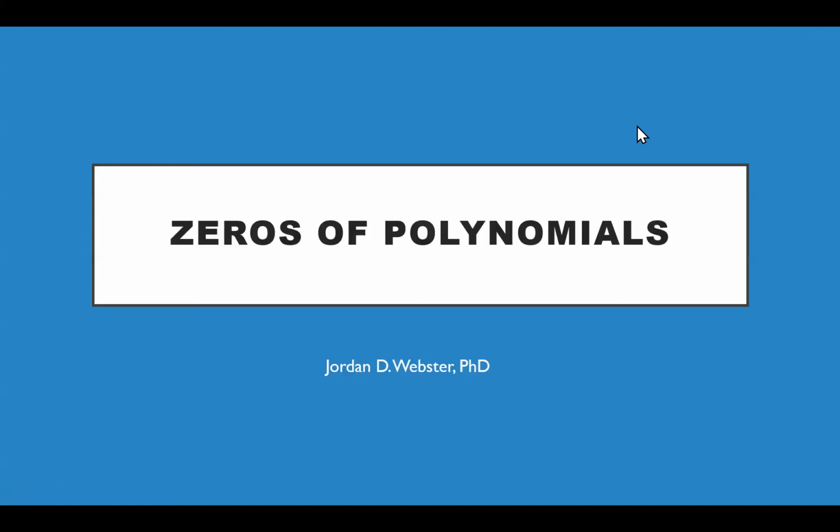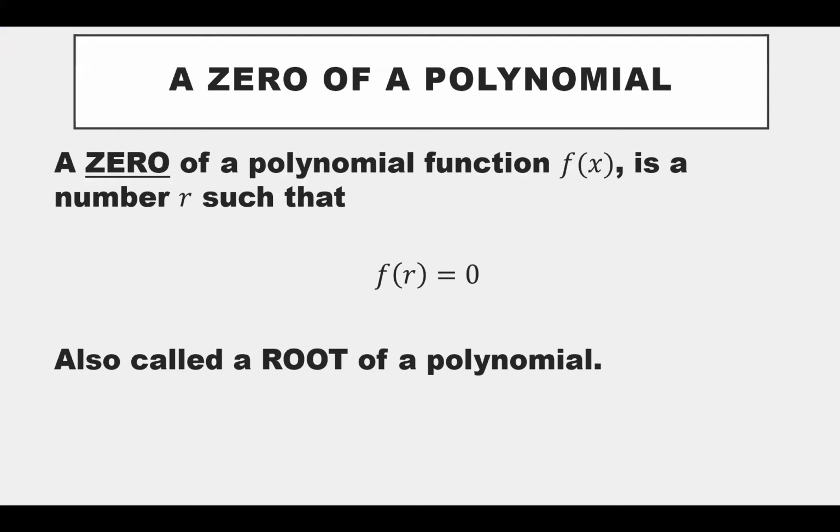In this video, we're going to take a look at finding zeros of polynomials. So a zero of a polynomial or a zero of a polynomial function, f of x, is a number such that when you plug that number into the function, you get out a zero.